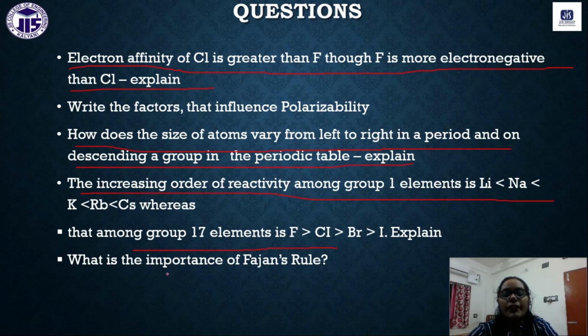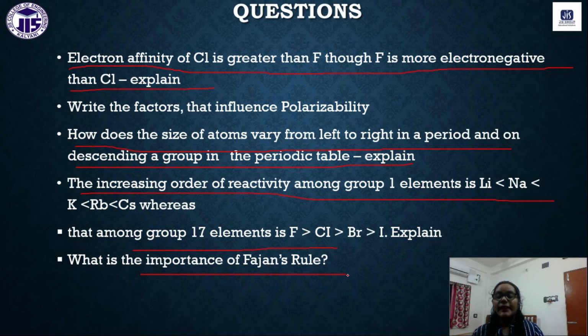Now, what is the importance of Fajan's rule? Before Fajan's rule we have already discussed polarizing power and polarizability, right? If the polarizing power is higher, that means the cation can distort the electron density on the anion to a larger extent, and if polarizability is higher, that means the anion can easily distort its electron density towards the positive ion.